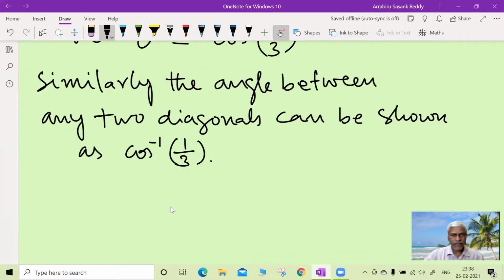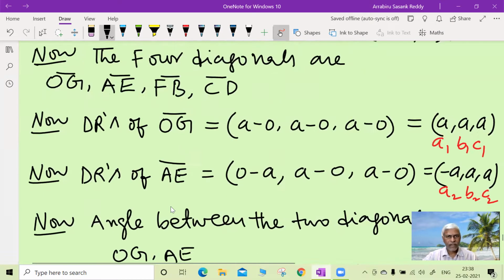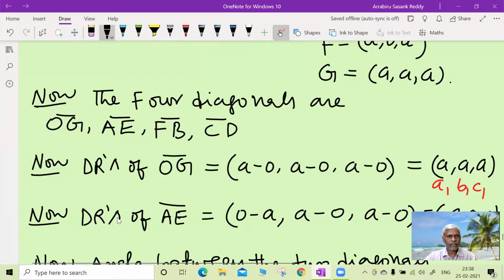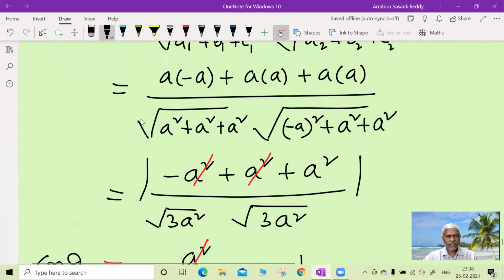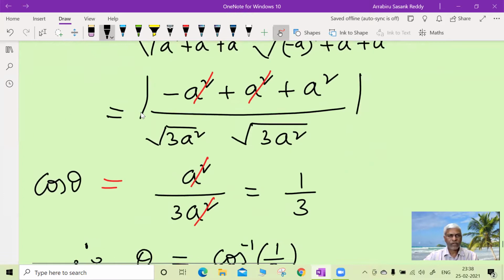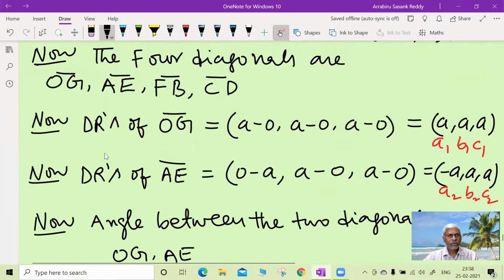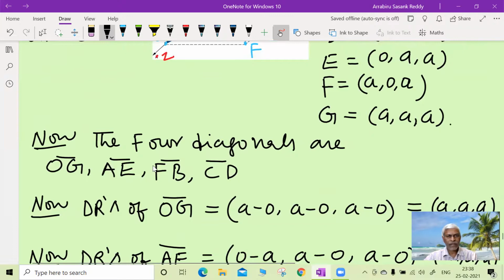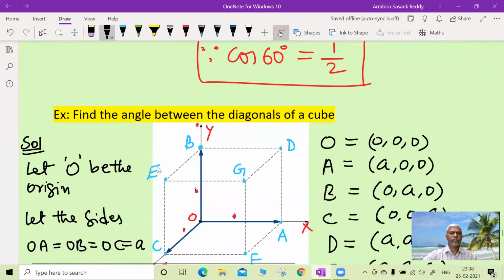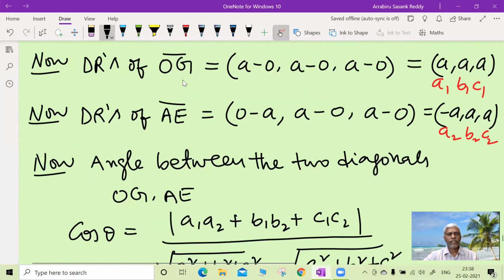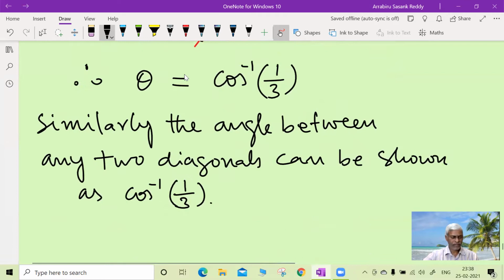Four diagonals are there. You can take any two diagonals. We have taken OG, AE, or you can take OG, FB, OG, CD, or AE, FB, or FB, CD. You will get the same angle. So we have taken two diagonals OG, AE. So the angle between any pair of diagonals of the cube is cos inverse 1 by 3.